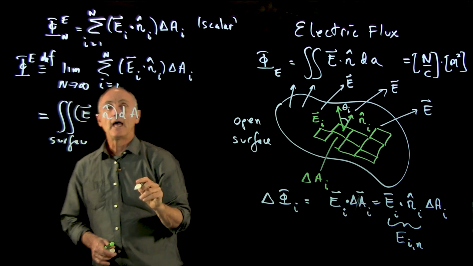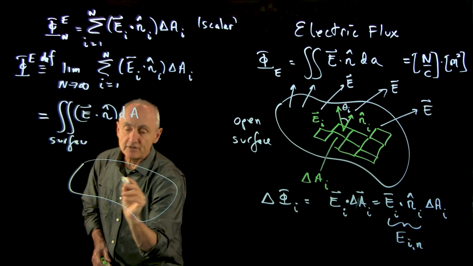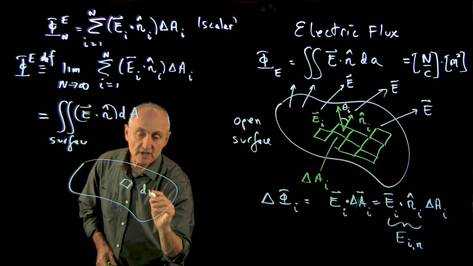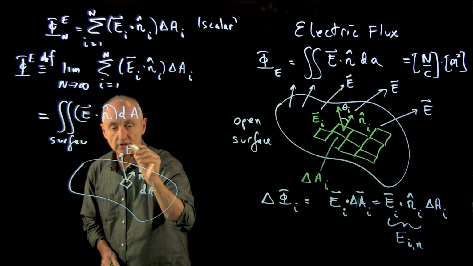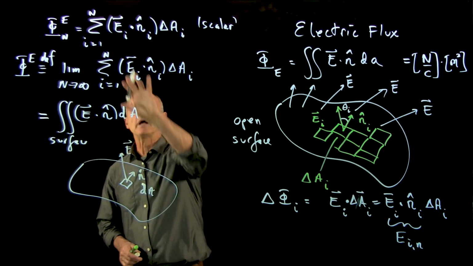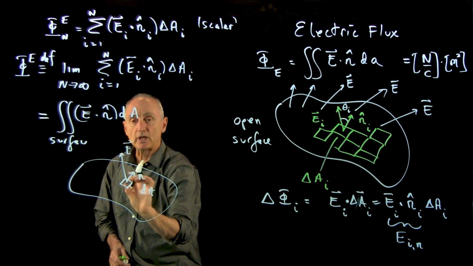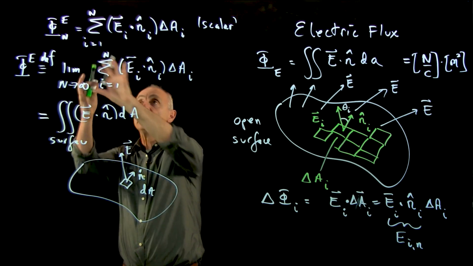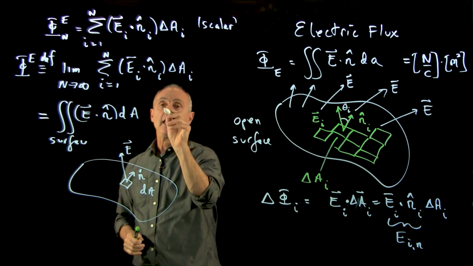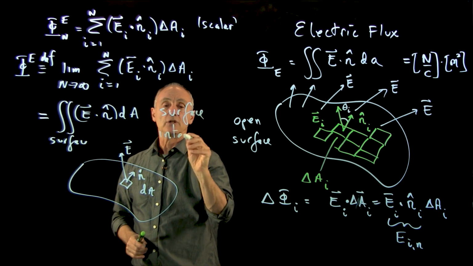And what they're imagining here is an infinitesimal patch which has area dA, a normal n hat, and an E field. And so by dropping this index i, they're just imagining an infinitesimal area patch. And this integral is really this summation process. And this mathematical object is called a surface integral.